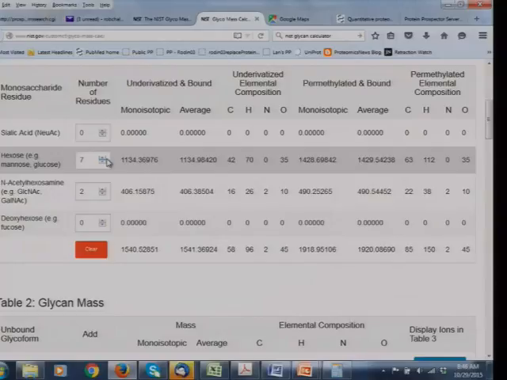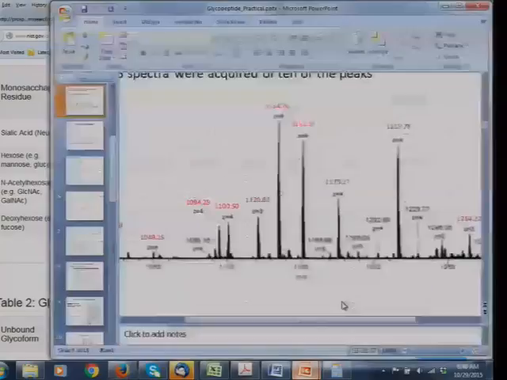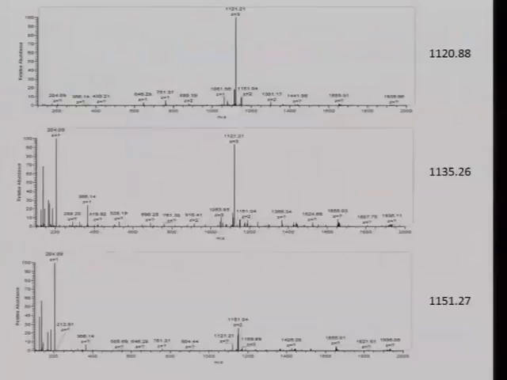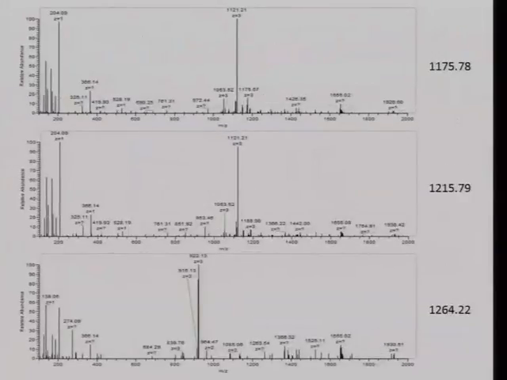Okay, so HexNAc2, Hex7. Then we've got a 1215.